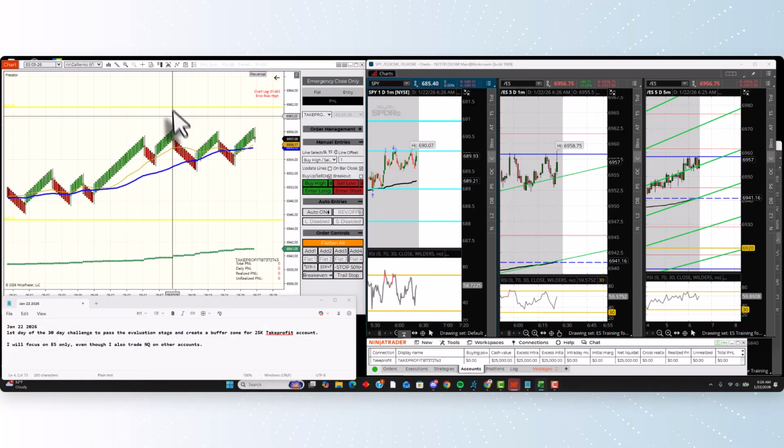Here we've got the ES. I'm using Ninja Renko chart of 6-1. And on the right side, I've got ES on a 5 minute, which is right here. I've got 1 minute, and I also have SPY on the 1 minute chart as well.